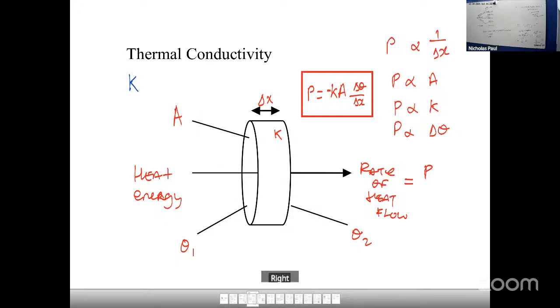Hopefully you recognize power is in watts. K is in, we don't know, so I just put in X. Area is in what? Area is meter squared. Temperature change in what? Kelvin. And thickness is in what? Meter.